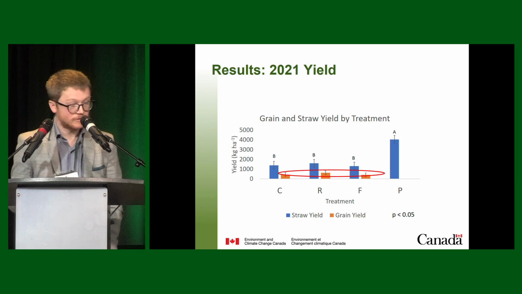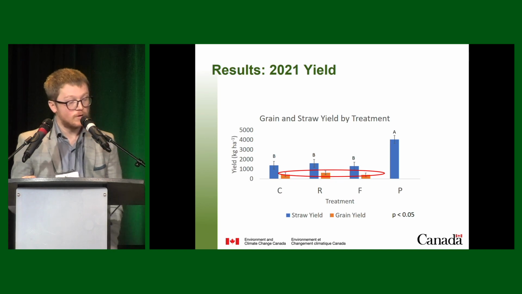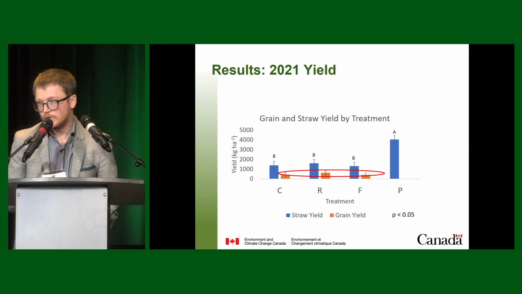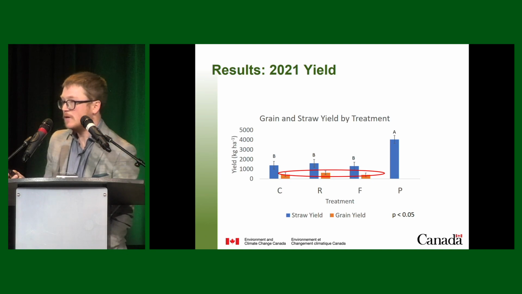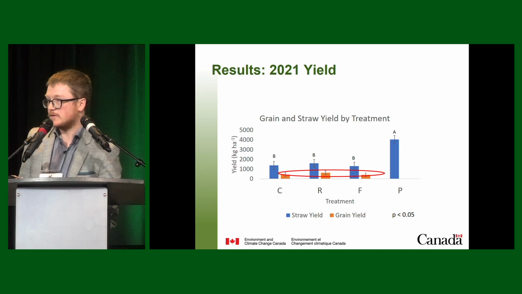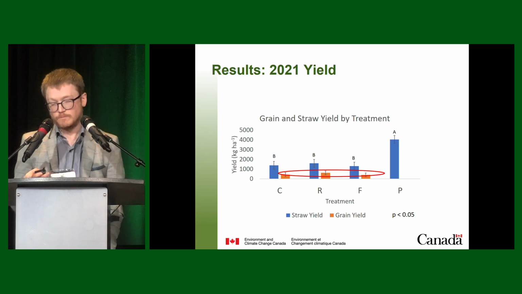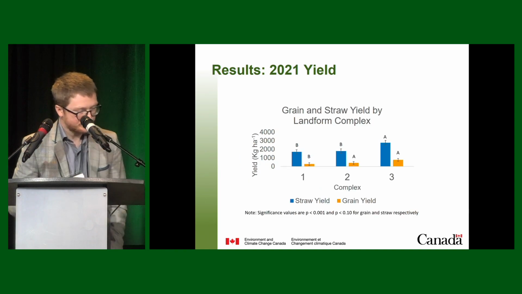Perhaps what is more interesting is looking at the treatments of grain yield, where we saw no statistically significant difference in terms of yield. To put it a different way, for the variable rate fertilizer treatment as an example, we had no yield penalty relative to the control by applying 90% of the nitrogen and phosphorus fertilizer.